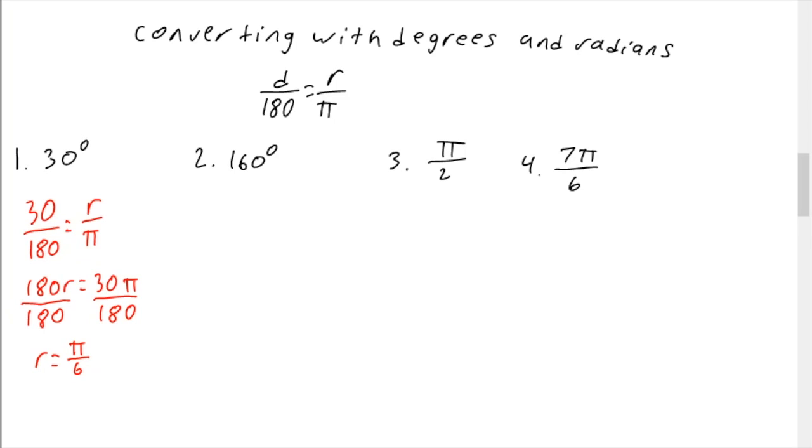Number 2, we have 160 degrees. So, same thing, 160 over 180 is equal to r over pi. Cross multiply, 180r equals 160 pi. Divide both sides by 180.